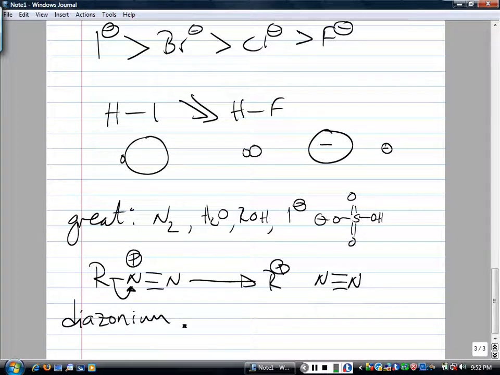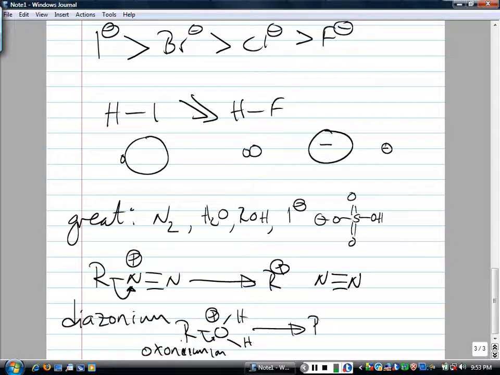Another really good leaving group is water. If I look at this species, which is called an oxonium ion, oxygen is the world's second most electronegative element. Now I've made it O plus, and so when the bond breaks, I'll make R plus, and I'll make OH2.